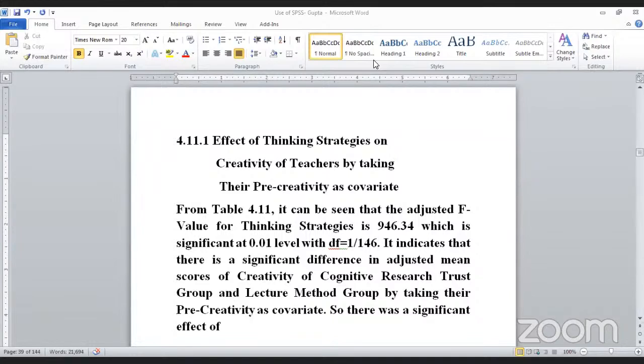There is a standard value, and you have to compare your calculated value with the standard value, which is given at the DF equal to 1/146. Here it is only the error is 1%. So you cannot compare.